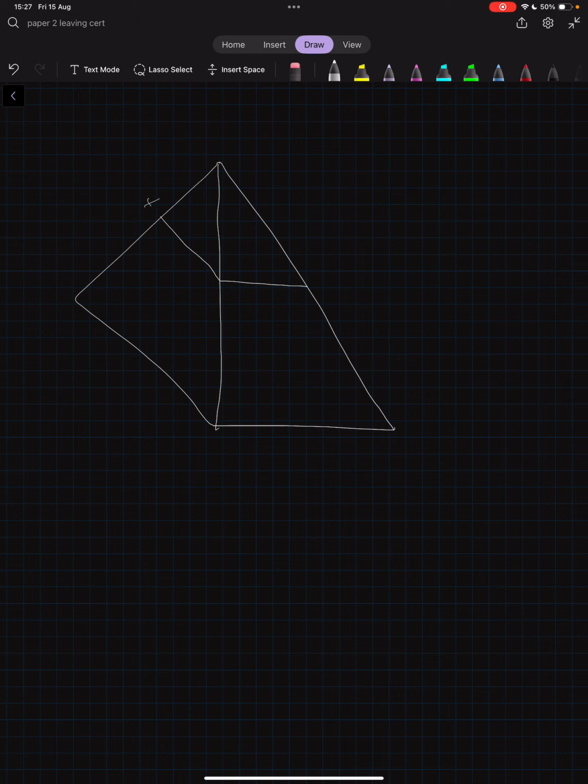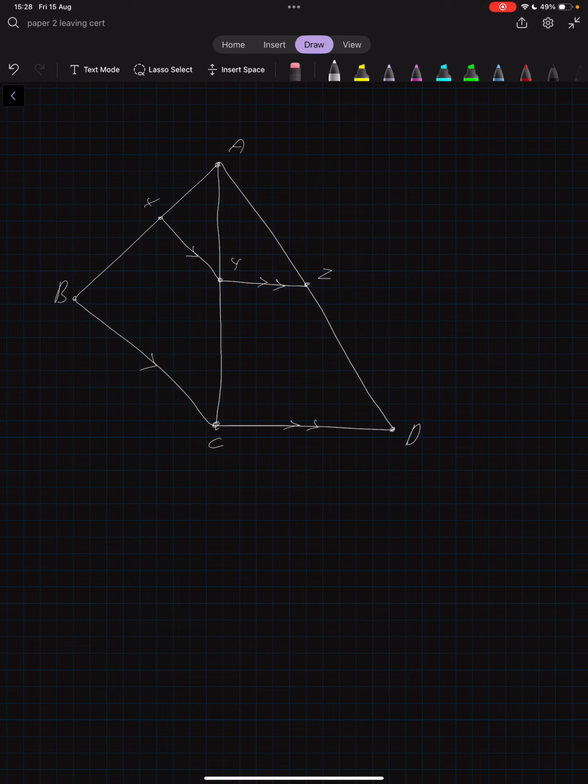So this is X, Y, Z, A, B, C, D. And you're told in the diagram that XY is parallel to BC and YZ is parallel to CD. So these are parallel. Okay?